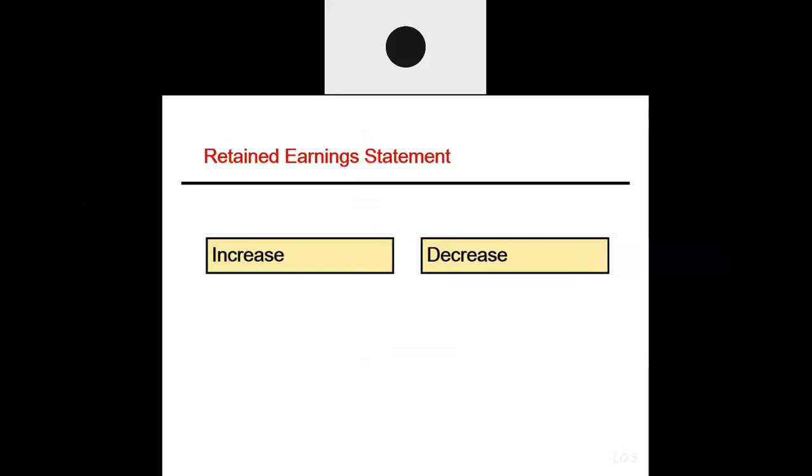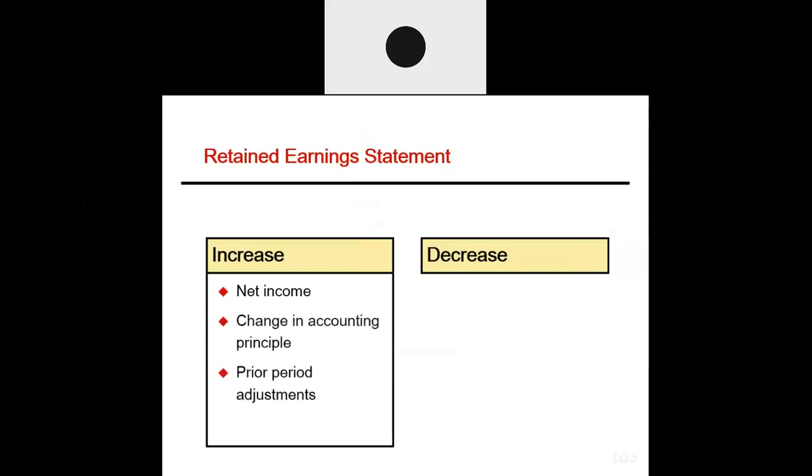So in the retained earnings statement, what can increase retained earnings is net income, any change in accounting principle, and any prior period adjustment. All these three can increase retained earnings.